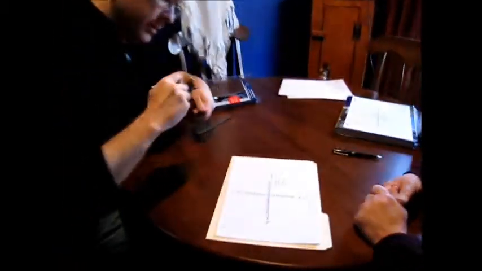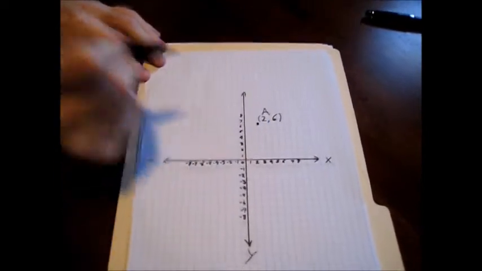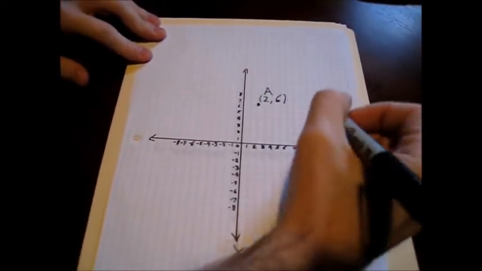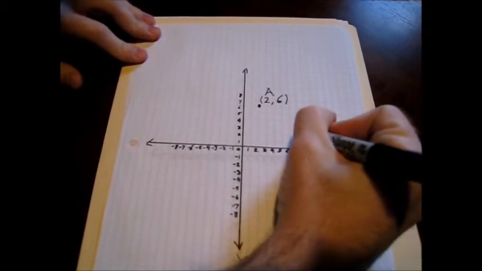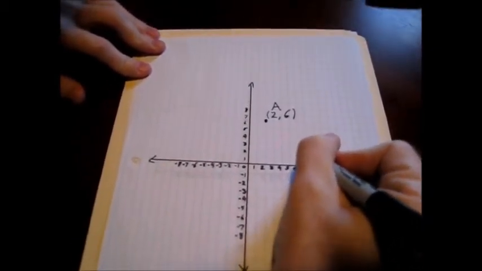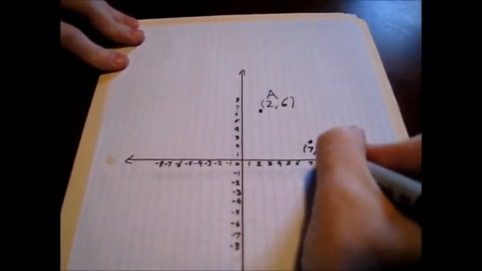Now if we've got a point that is right here, our point A, 2, 6. Let's say we want to move that point down to here for a new coordinate of 7, 2.